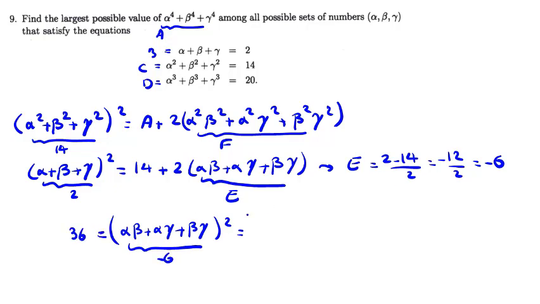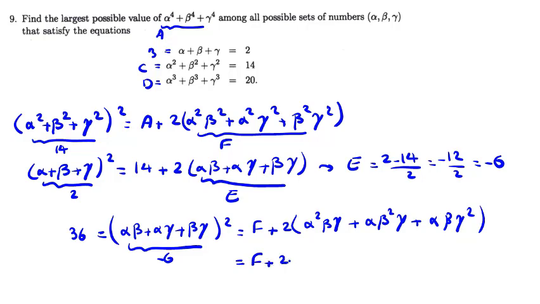It will be alpha squared beta squared and all of them plus f plus 2 times, let me write, alpha squared beta gamma plus alpha beta squared gamma plus alpha beta gamma squared. So you can say it is equal f plus 2 alpha beta gamma, alpha plus beta plus gamma.